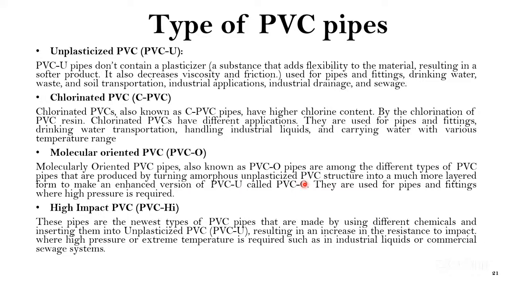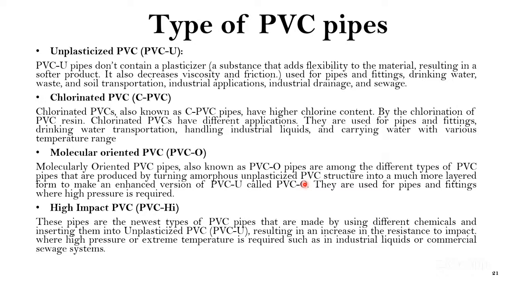As I told you, PVC also comes as atactic, syndiotactic, and isotactic. This rigid PVC is atactic in nature, and a few are syndiotactic in nature. So we try to convert this amorphous PVC into a highly crystalline one. In short, we increase the crystallinity of PVC.